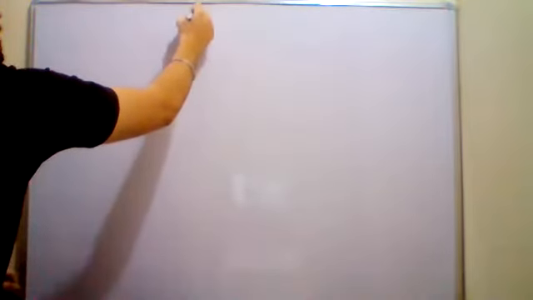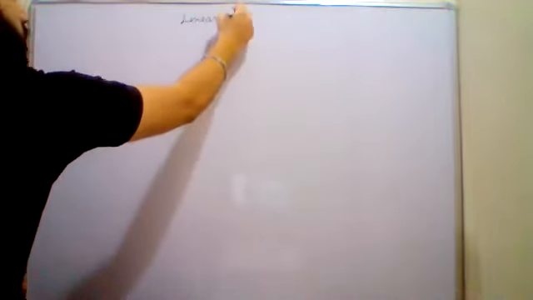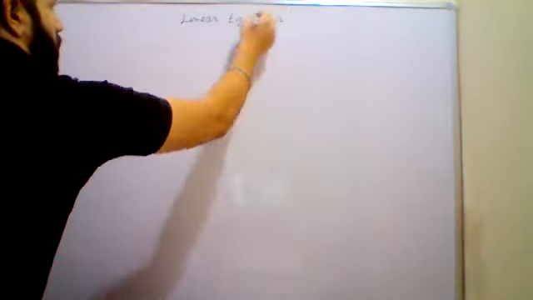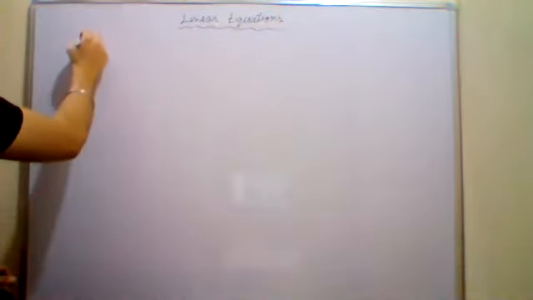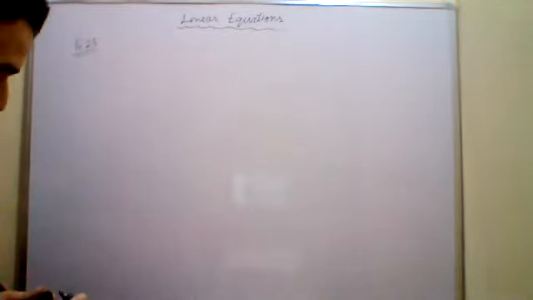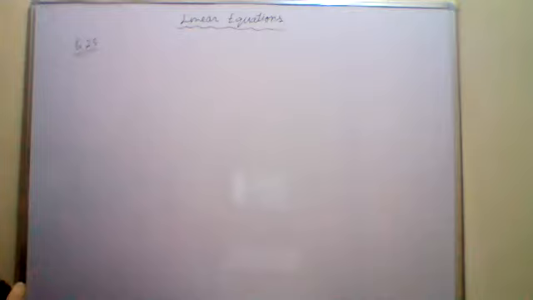Linear equations. Question number 25. We are doing the exercise 7B. The total cost of 3 tables and 2 chairs is rupees 1,850.